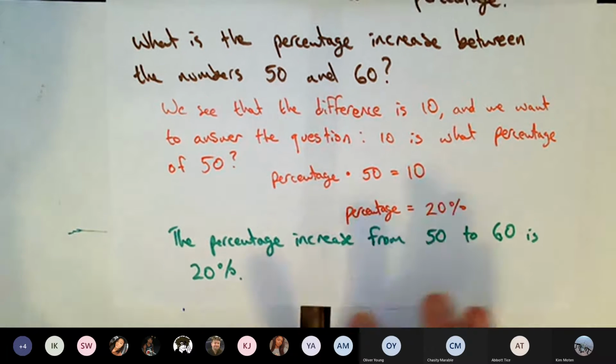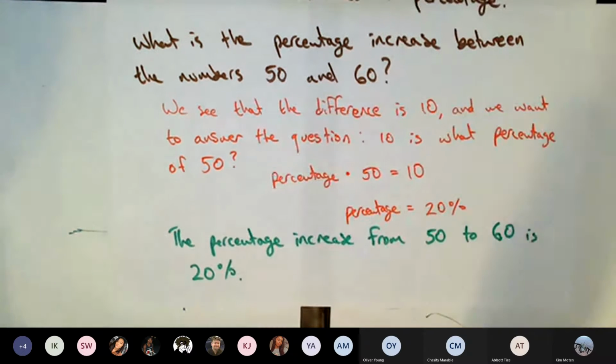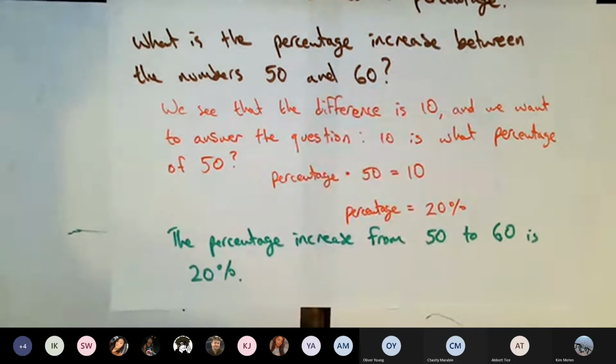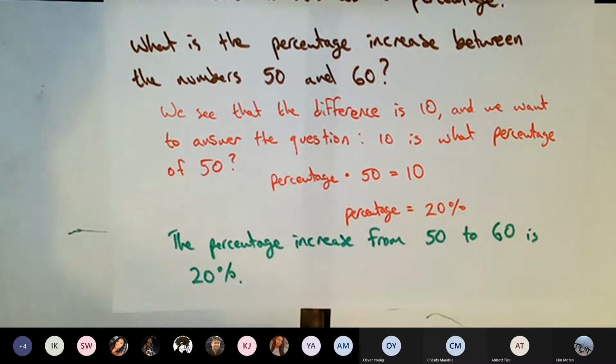Or maybe you're looking at buying a watch that costs $50, and then you see the price goes up to $60, and you want to know how much it increased relative to this 50. Well, it increased by a whole 20%. Adding $10 to 50 increases it by 20%.